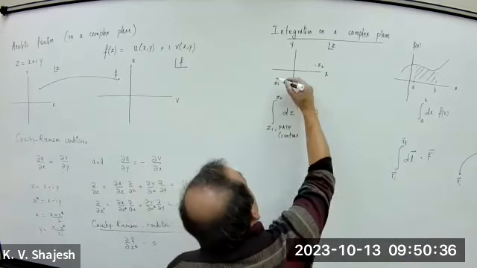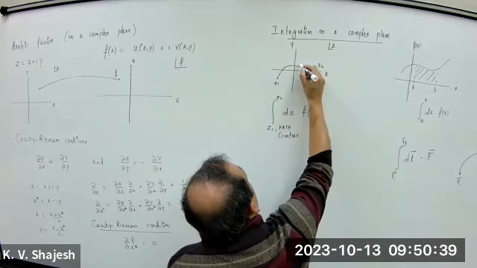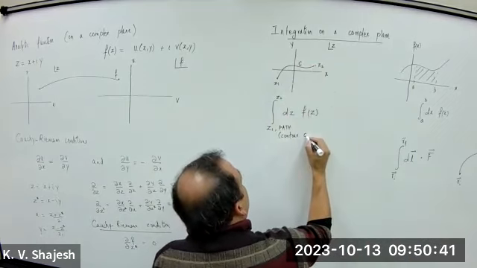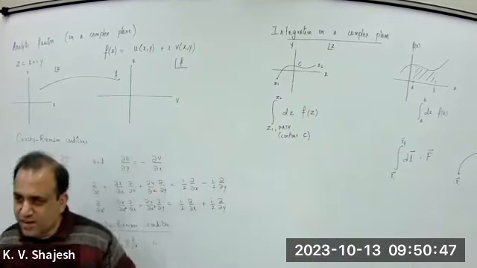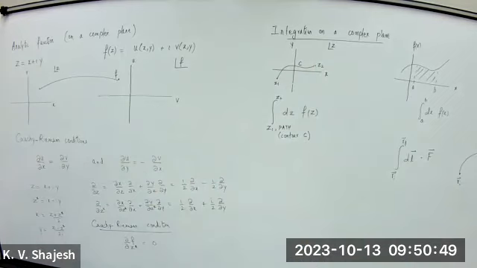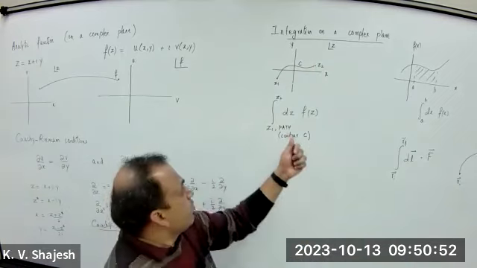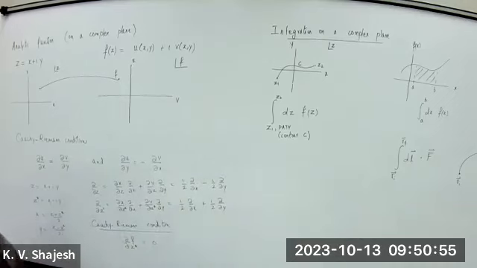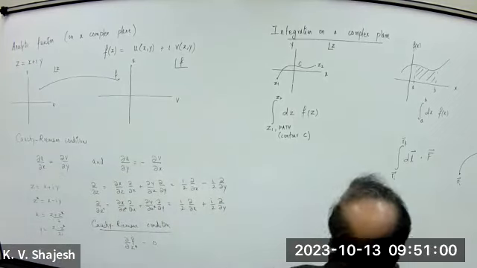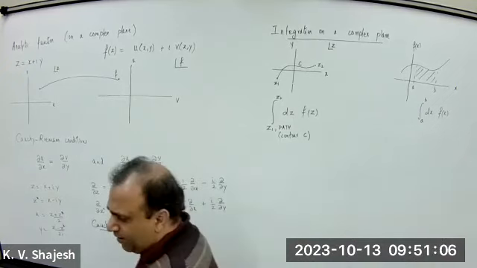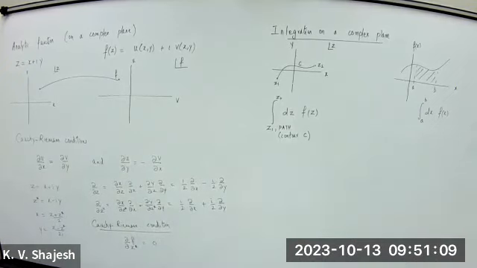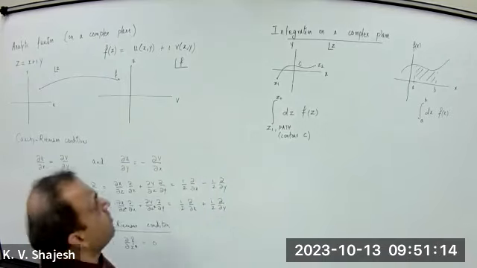So when I'm going from z1 to z2, I want to go along a contour C. Often you won't write the word contour, you will just write the letter C. And somewhere, in words or in a diagram, you have to specify what my contour is. So complex integration requires a specification of the contour also. We would like to talk about how integration of an analytic function works. So let's work on that.